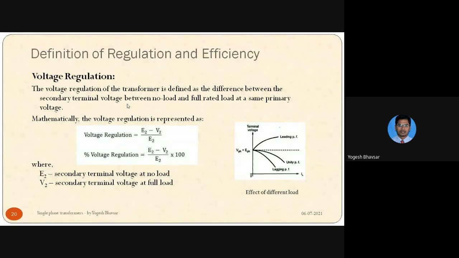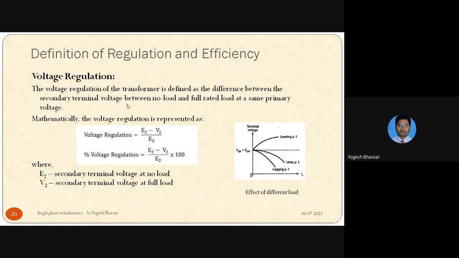Sometimes you also observe this, and I have given one example for you. In our home, when we switch on different loads or high rating loads, there will be fluctuations in the voltage. These fluctuations can be observed by looking at the intensity of the bulb. When we switch on some high rating appliance at home, the voltage reduces, and we can observe it by the intensity of the bulb.